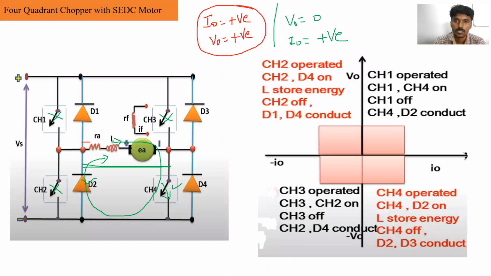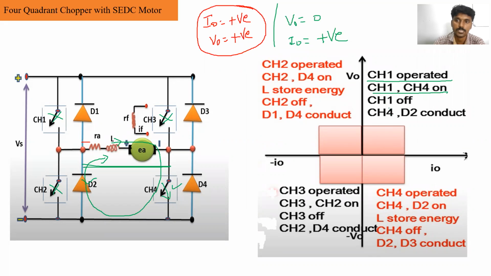So when switch 1 is operated and switch 4 is on, and switch 1 is on, the output voltage is positive and the output current is positive, first quadrant.